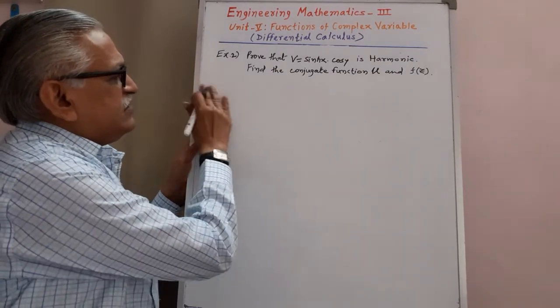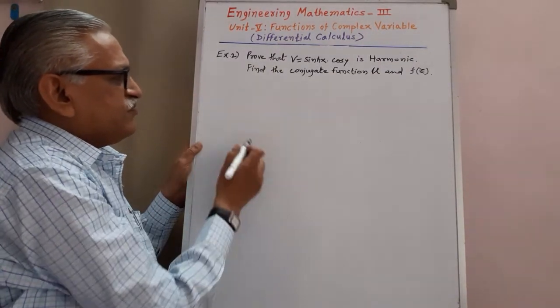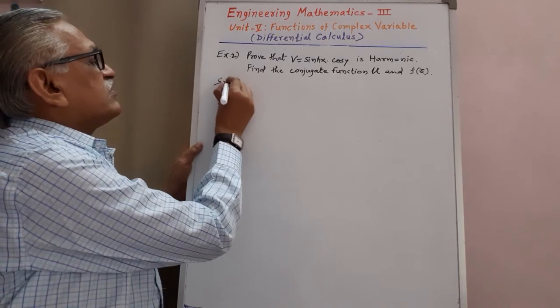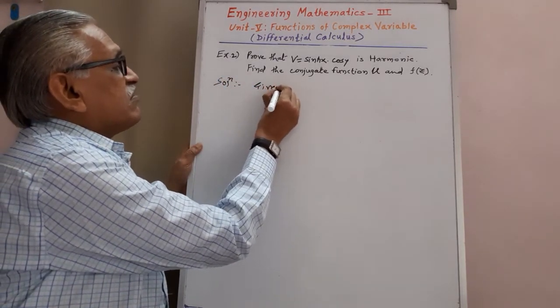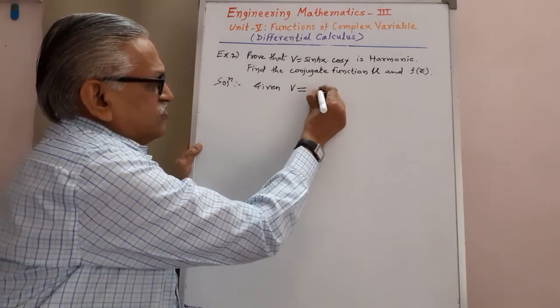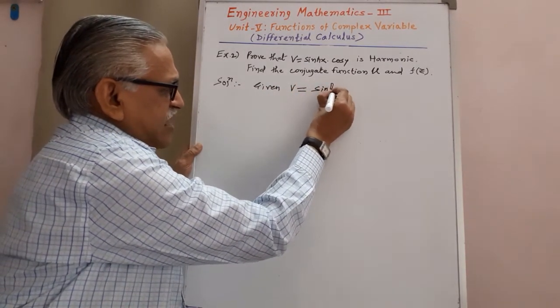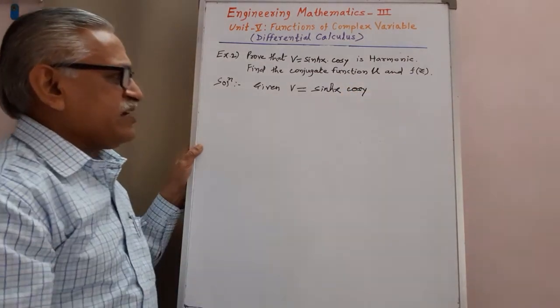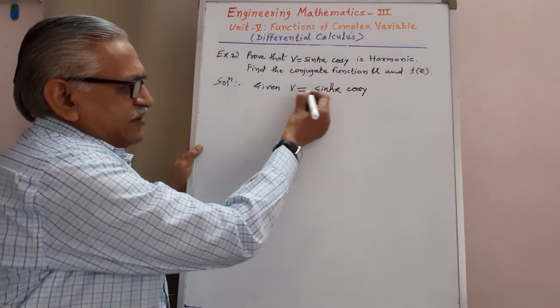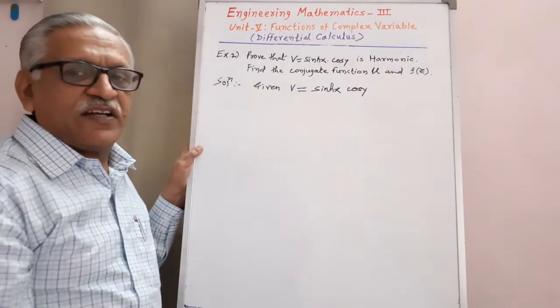Again, the same 3 parts we have to perform. Here given v is equal to sin hyperbolic x into cos y, a function of x and y, and as it is a function of x and y, we can find its partial derivatives.